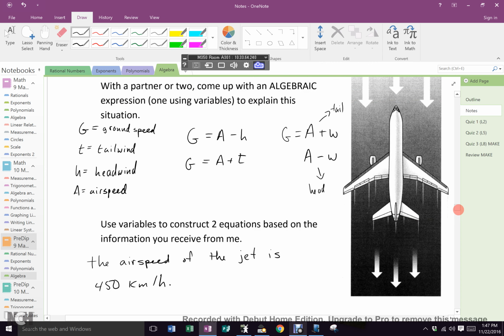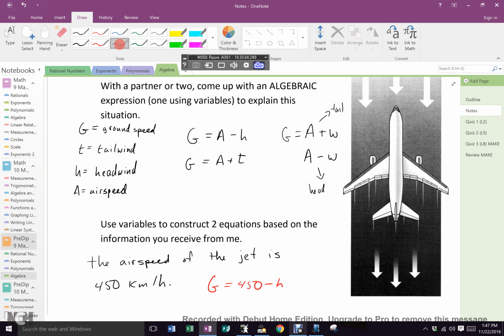So use them to write me some equations. Sam, what is an equation you could write there? Give me one of them. G equals 450 kilometers minus H. That would cover a headwind, yes?